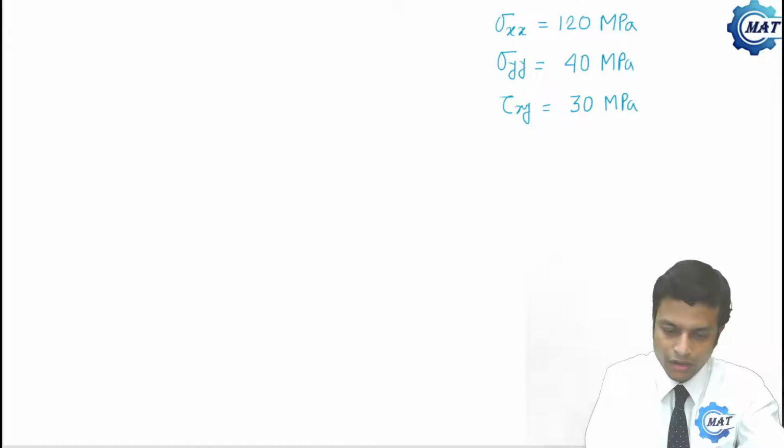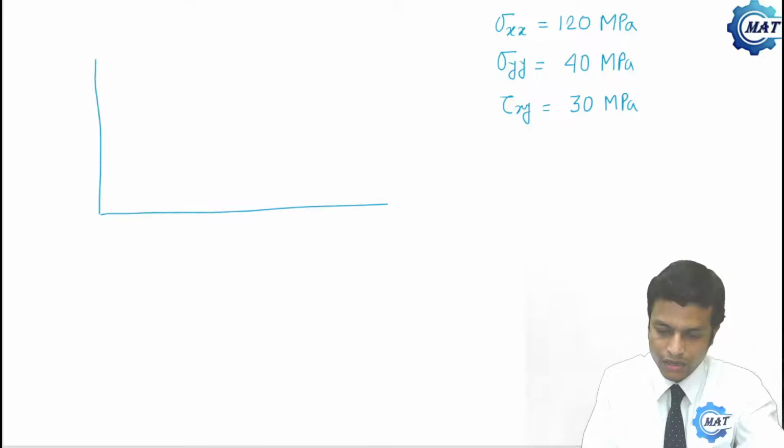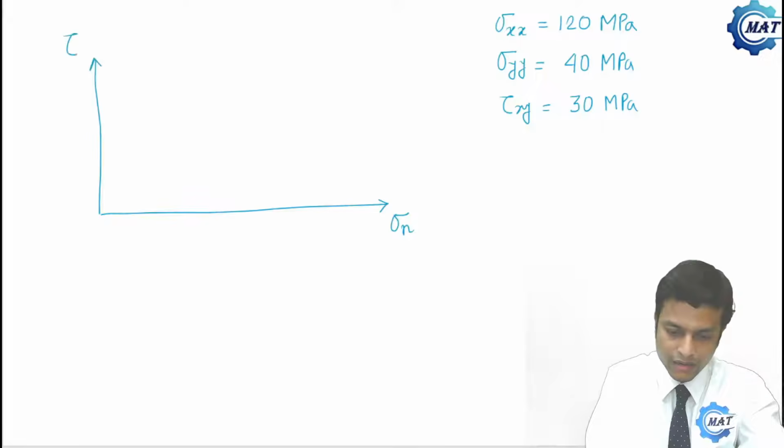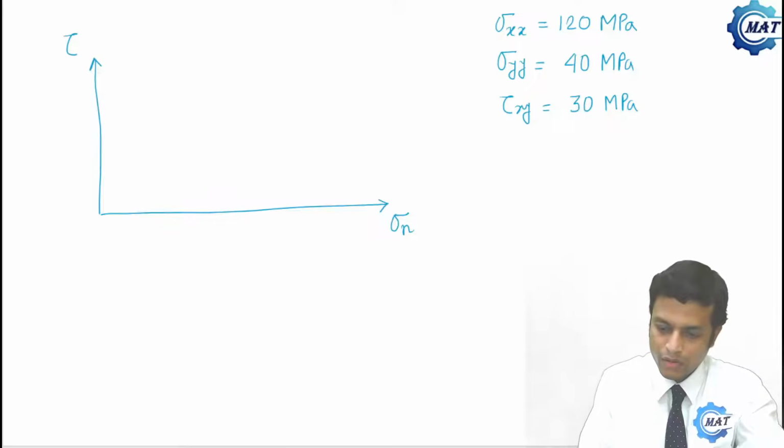So first of all, draw the sigma n and tau axis. Now this is point A, which is sigma xx comma tau xy, that is 120 comma 30. Next point B, that is 40 comma minus 30.